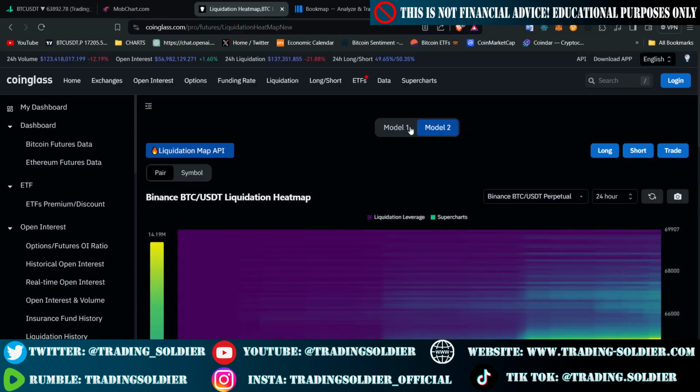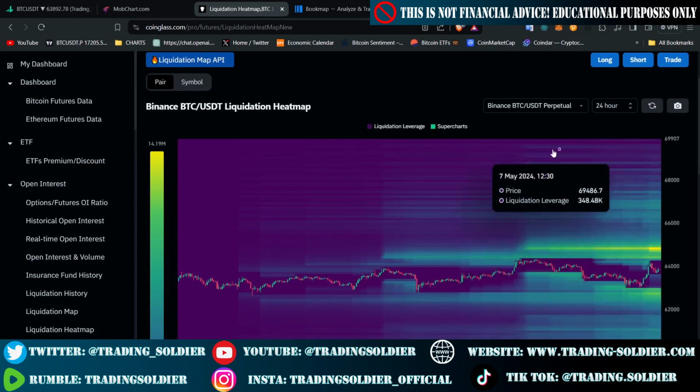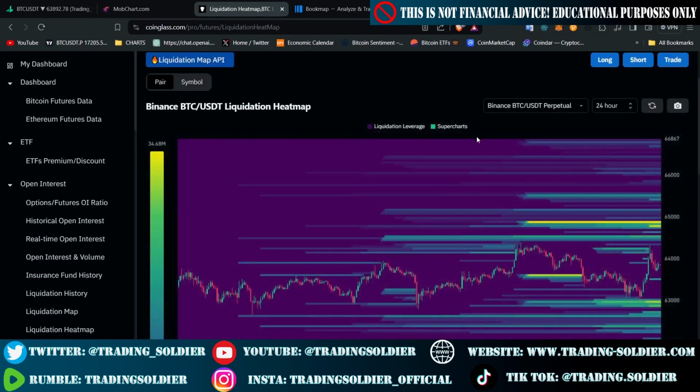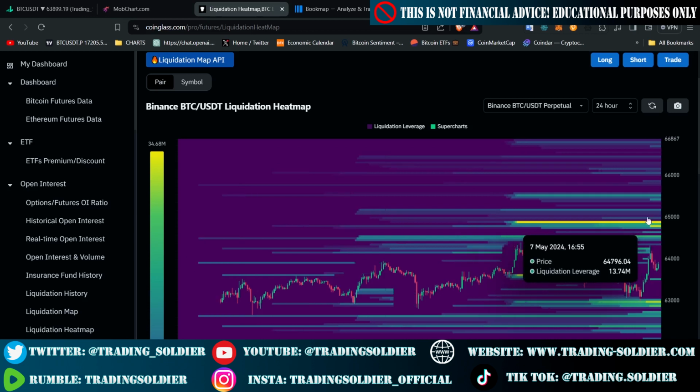They also offer two different models to see the same kind of data, but they offer the liquidation heat maps. The liquidation heat map is basically where a lot of stop loss orders from longs or shorts are clustered in one area, and they offer this as a heat map. So for example, we can assume here that this cluster of liquidity around $64,000 on Bitcoin is a lot of short stop losses that are clustered around this area.